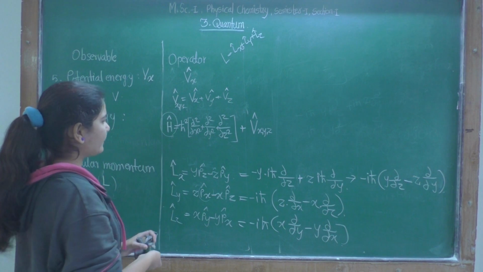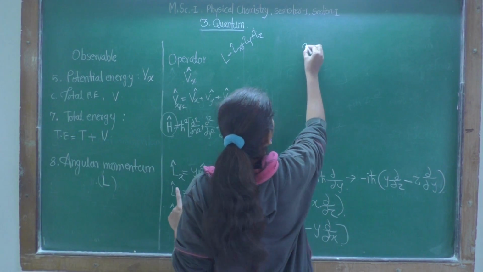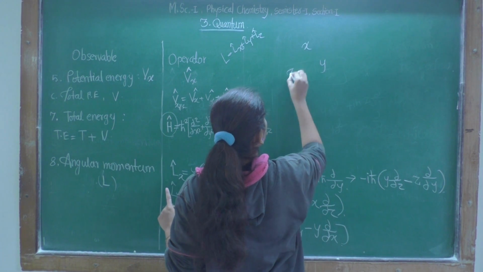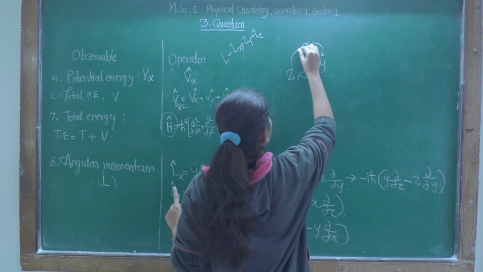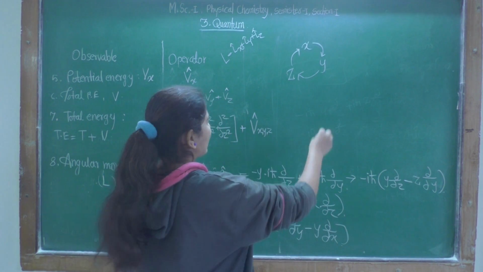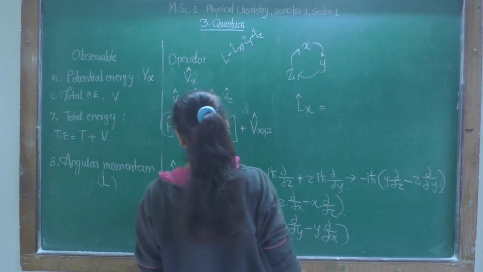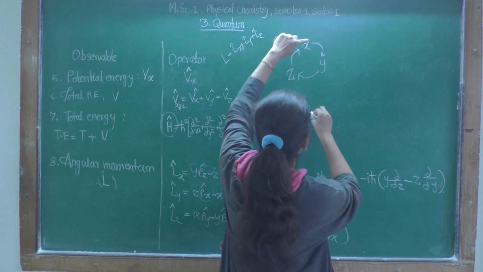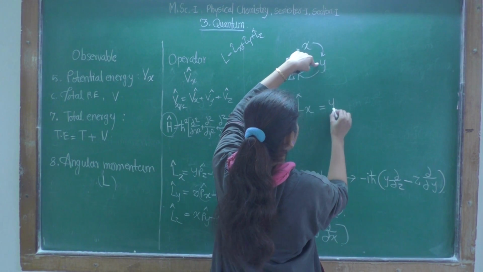First of all, see Lx, right? x, y, z in this way: x to y, y to z, and z to again x. Now first of all we have to write Lx. How can we write it? It can be written as, see, here is x. Now next to x there is y, so write y.